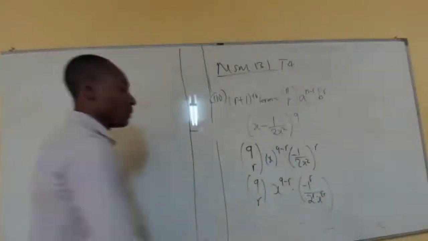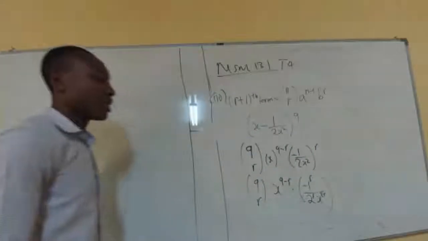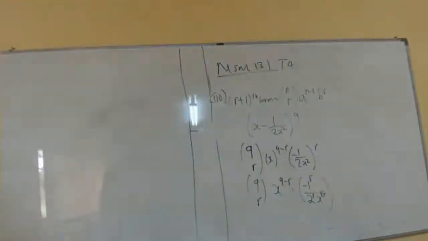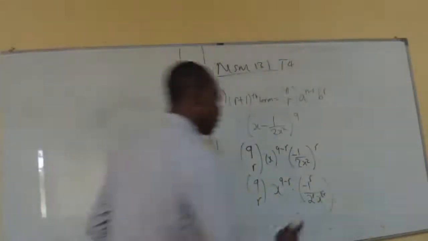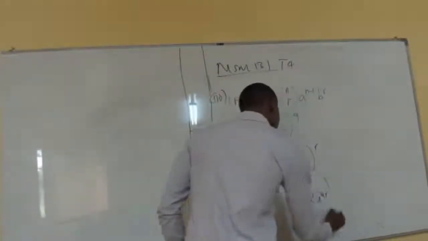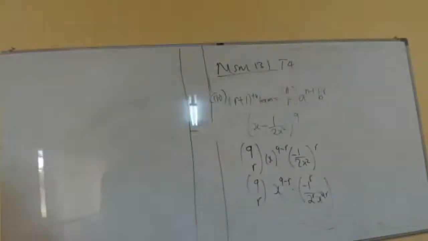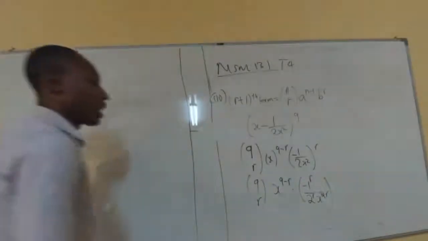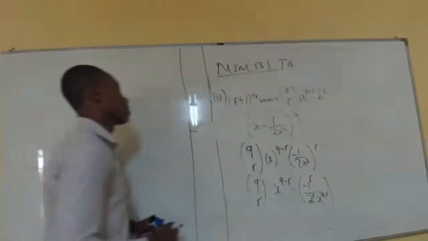So you have 2 to the power r, then x to the power 2r in the denominator, and we're looking for the term independent of x. From here we are going to collect only the part that contains x.